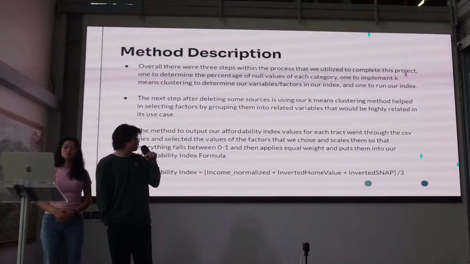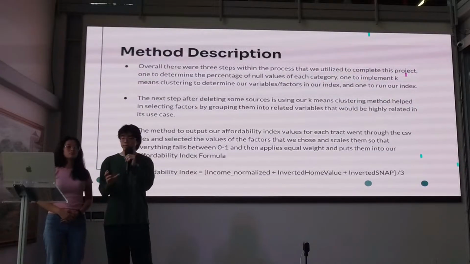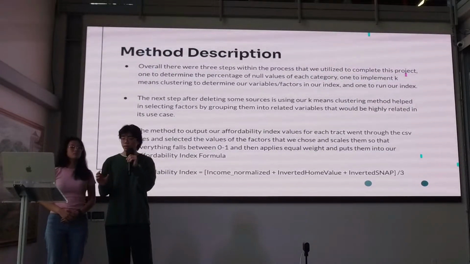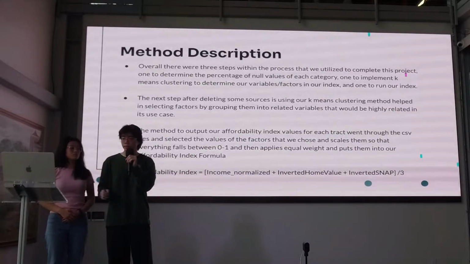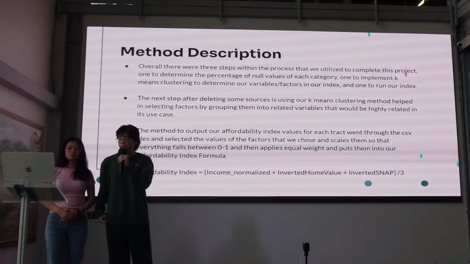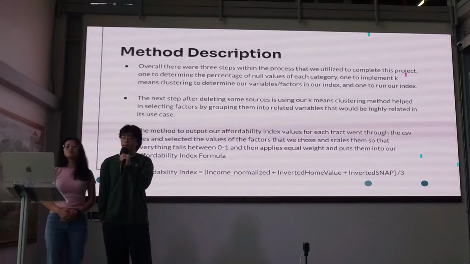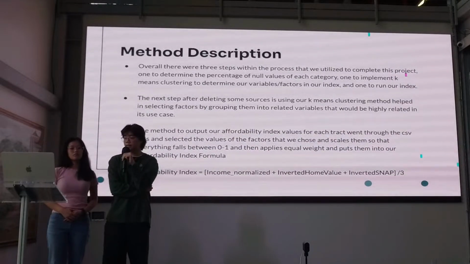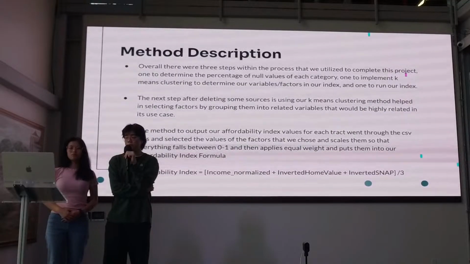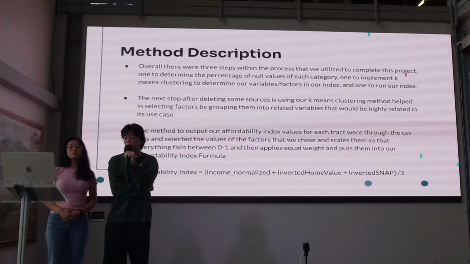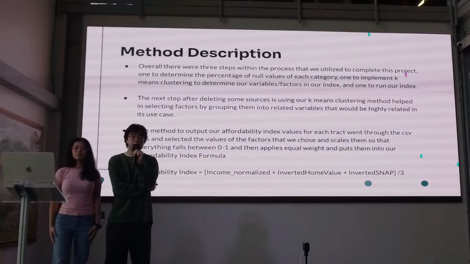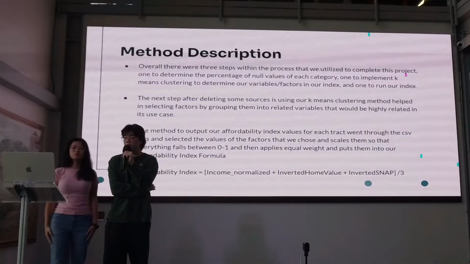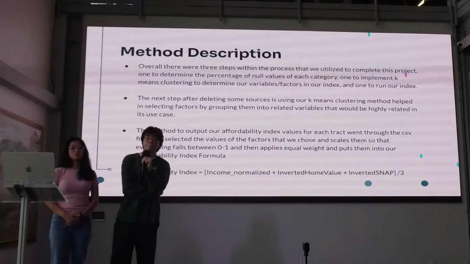That would really mean grouping the sources by how they would impact affordability and how they are related to each other. And so with that, we found our 3, and then the next would be to standardize, so that everything would fall between 0 to 1, and then we applied equal weight to each factor in the formula, one over 3.